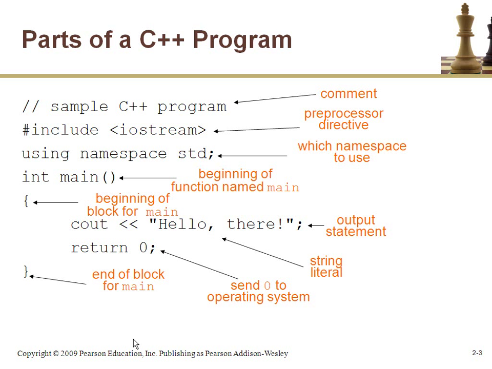The next is using namespace std; semicolon. Notice I spelled out the blank or space between these words, such as using and namespace, to show that you can have one or more spaces to spread out your statement. This is a namespace, which is used like a cookbook in all the programs.